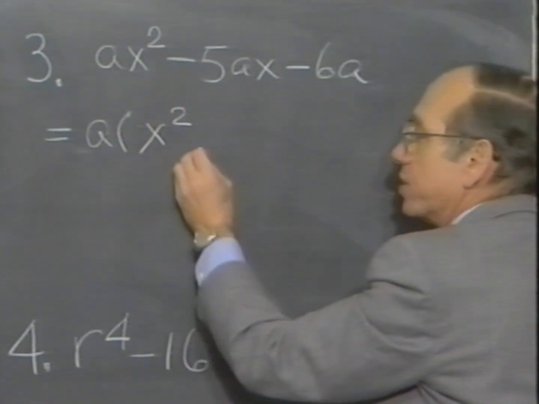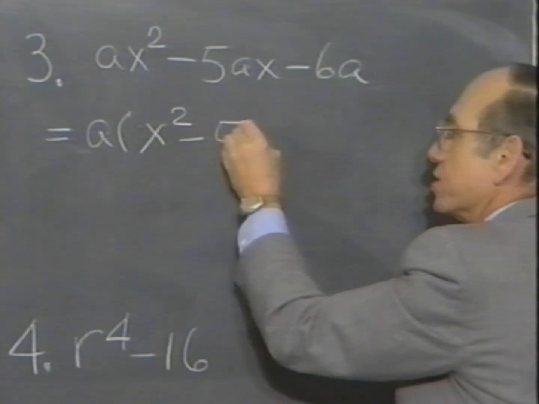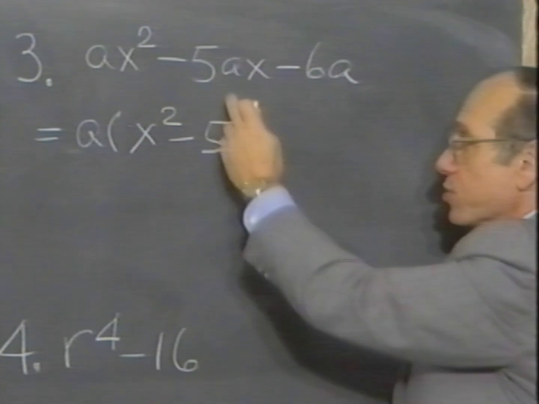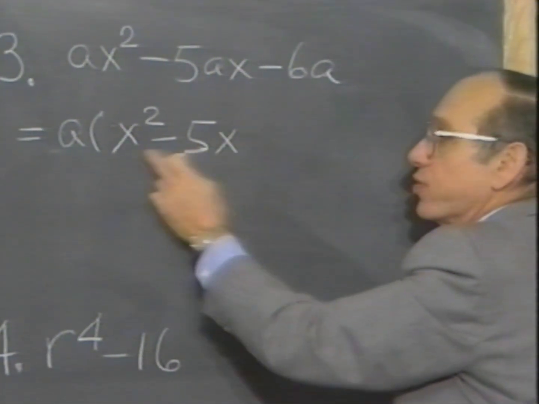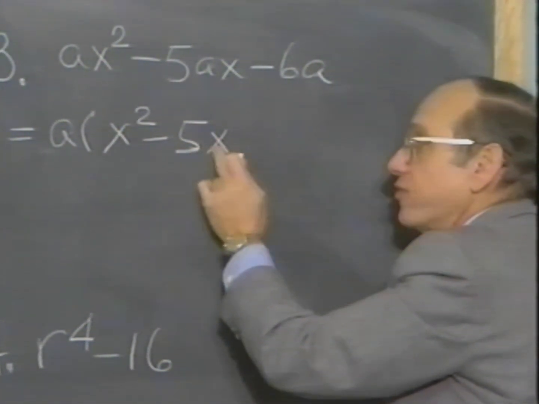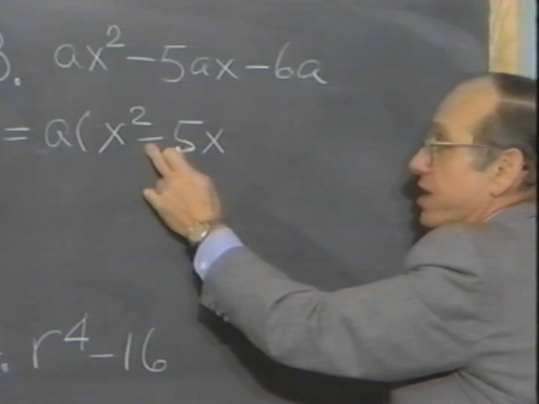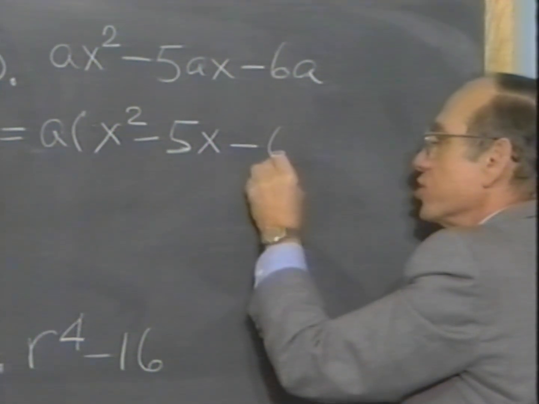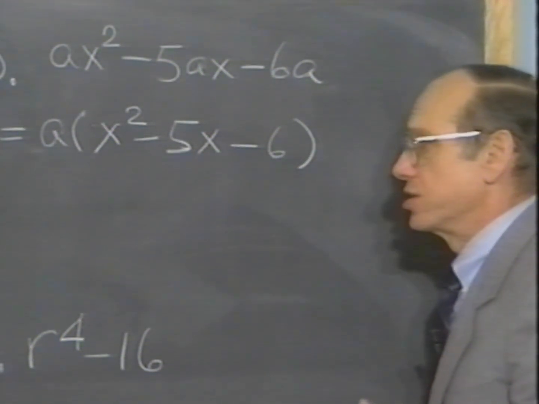A times x squared is ax squared, minus 5x. Notice the a is in the middle here, but that doesn't matter. It's the product of 5 and a and x. So if we take out the a, we're just left with the 5 times the x, minus 5x, of course. And when we factor the a from the minus 6a, of course, we just have minus 6.